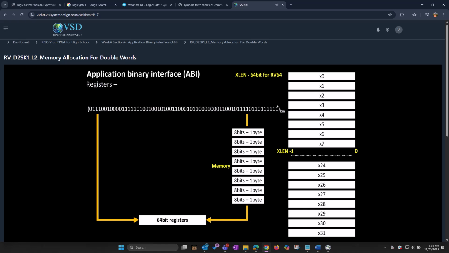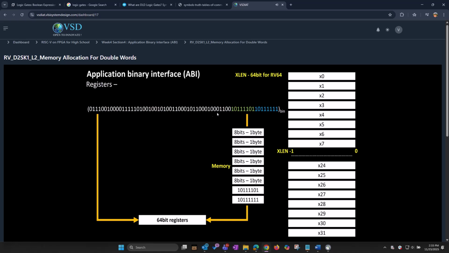The way it does it is that the lowest byte, the least significant byte, goes and sits over here. The first byte, the lowest 8 bits, comes and sits over here. The next byte, starting from this point till this point, sits over here in the second line.